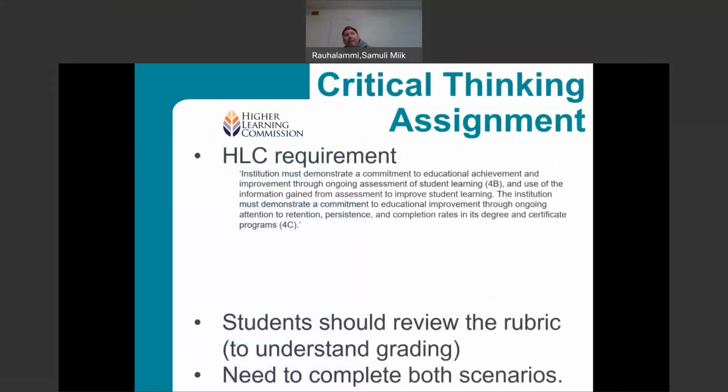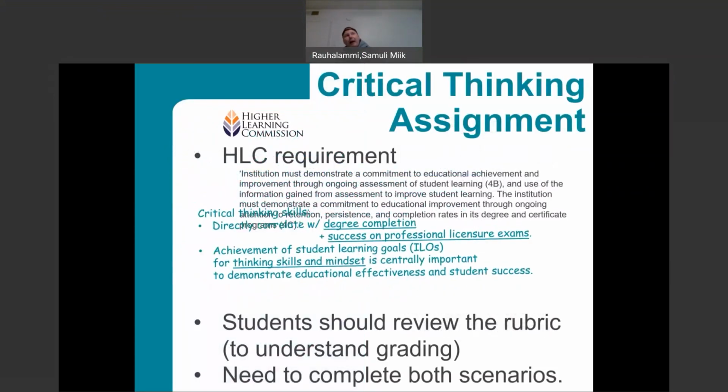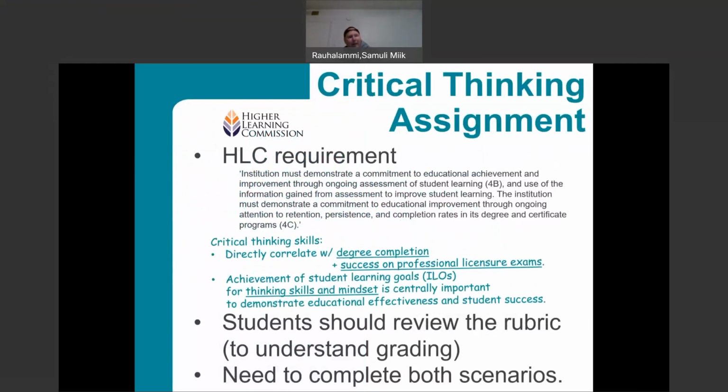So, to give you background on why we're doing this lab, higher education institutions such as community colleges are accredited institutions, and our accreditor is actually the Higher Learning Commission, HLC.